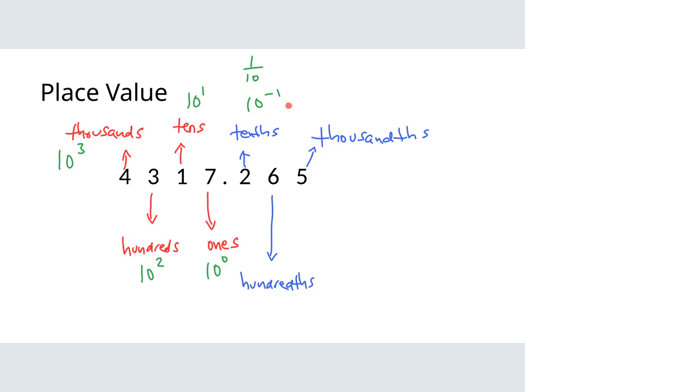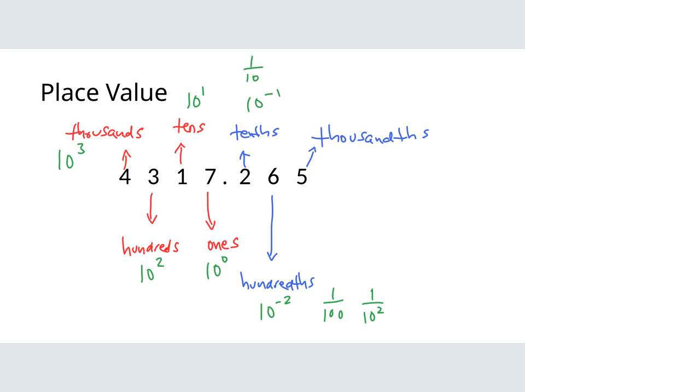So if I have 10 to the negative first, that means 1 over 10 to the first. Similarly, the hundredths place would be 1 over 100, which is 1 over 10 squared. If I want it on the other side of the division bar, we just change the exponent to negative, and so the hundredths place is 10 to the negative 2.